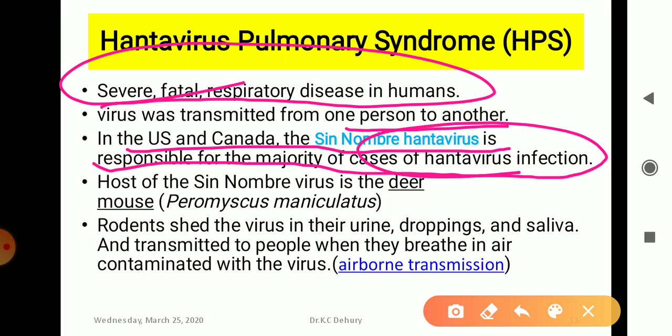The host of this sin nombre virus is the deer mouse. The scientific name of that mouse is Peromyscus maniculatus. Rodents shed their virus in the urine, droppings and saliva, and these infectious agents transmit from the source to the human being through the air. So this is known as airborne transmission.